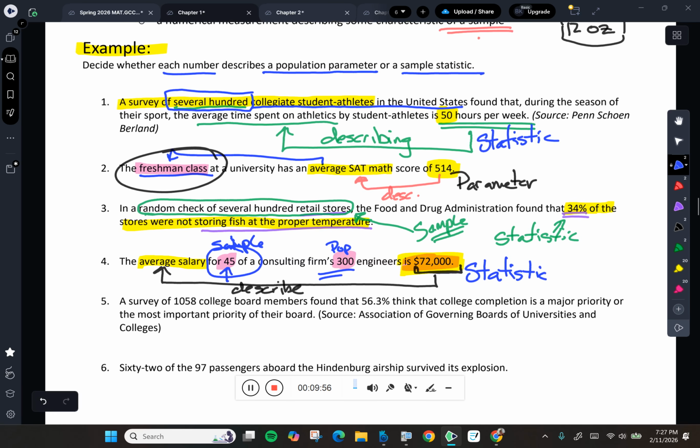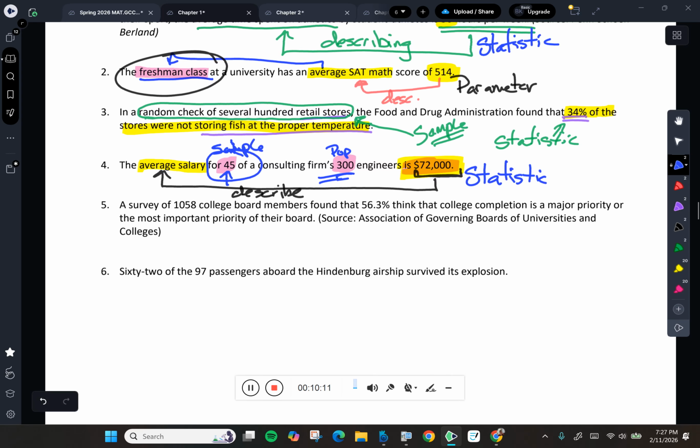Right? If we had talked to all 300 engineers, all of the engineers, then it would be a parameter. But since we got it from just some of them, from a portion of our population, from a sample, it is a statistic. Right? Looks like we got two more, so let's see if we can get through these.